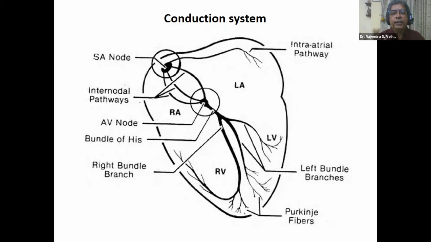This will produce the electrical current, which will be shown on the ECG in the form of a P wave. So the P wave is formed because of both atrial excitation. And since the right atrial depolarization occurs 0.01 second earlier, the first half of the P wave will be because of the right atrium and the latter half will be because of the left atrium.